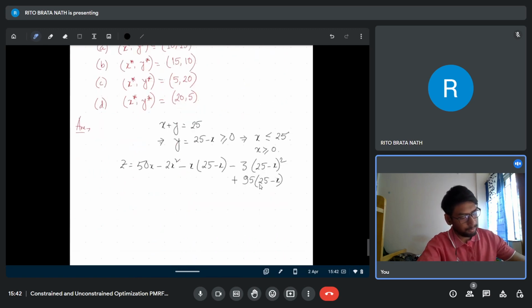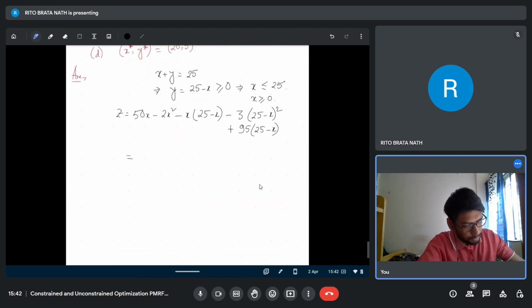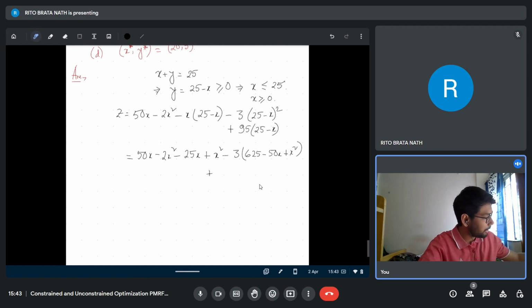So now we have to calculate this. This is 50x minus 2x square minus 25x plus x square minus 3 times 25 minus 50x plus x square, plus 95 times 25. Okay, let me calculate it quickly. Yeah, it's 2375 minus 95x.